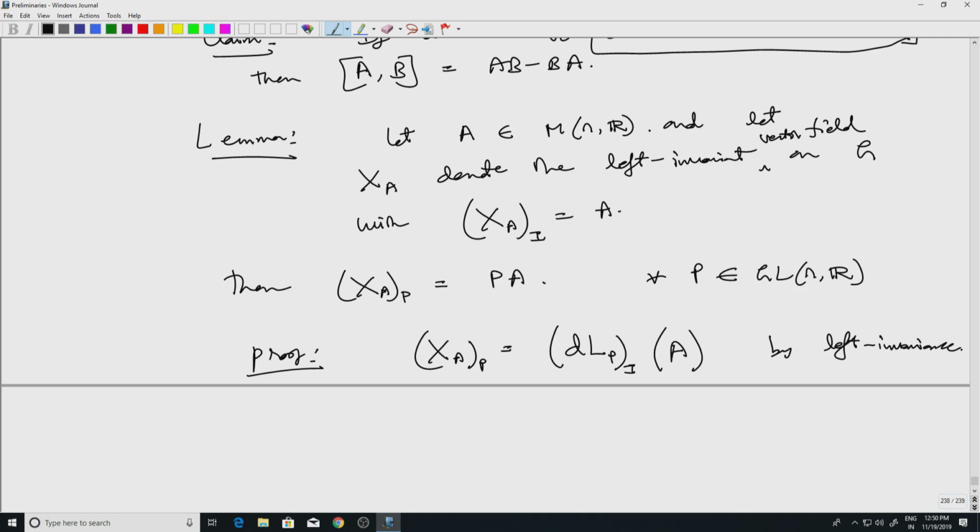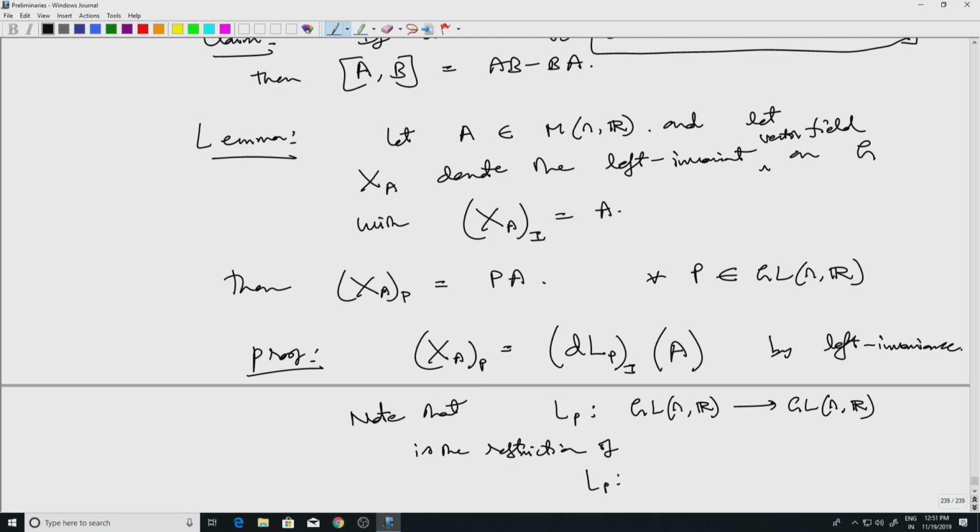We don't have to do any computations, because note that the left translation map, which is a map from GL_n(R) to GL_n(R), is actually the restriction of the left translation map from M_n(R) to M_n(R).